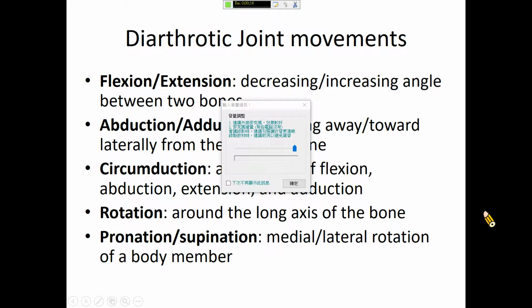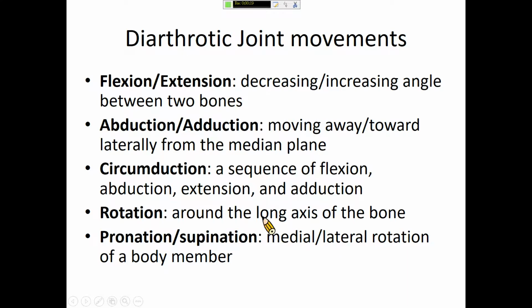Let's take a look at the movements. These are the kind of joint movements we have to know, because these are very common in medical sciences, in rehabilitation, engineering, and also in ergonomics.